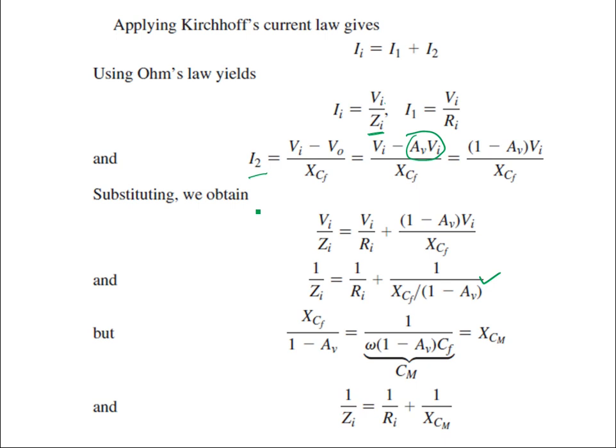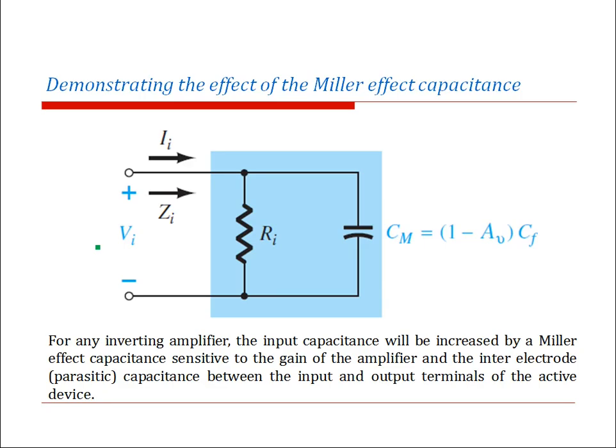Okay, so what are the factors coming here? 1 minus AV into CF is the capacitance CM. Now here you see Zi is the input impedance, Vi is the input voltage, and you have Ri in parallel with CM.